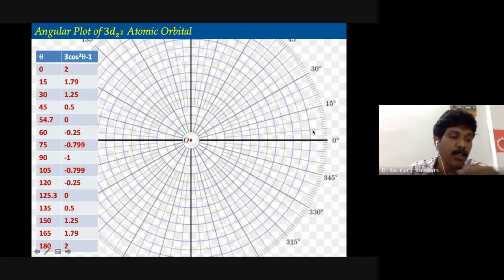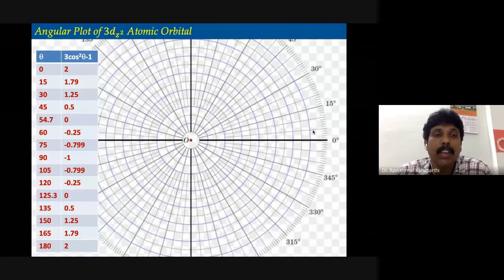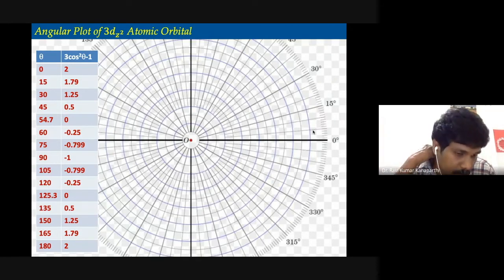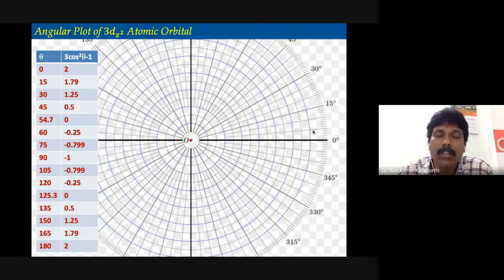Again, to plot any spherical wave function, we essentially need the polar graph. I'm not sure how many of you have downloaded the spherical harmonics, so I once again repeat the same thing. Please download the polar graph of this kind. You just Google it with the keyword polar graph, and you will get this type of graph.